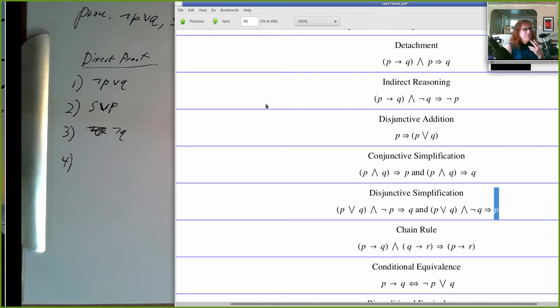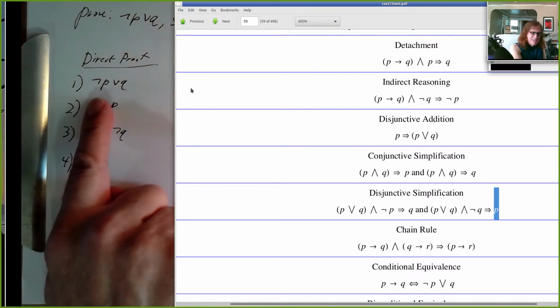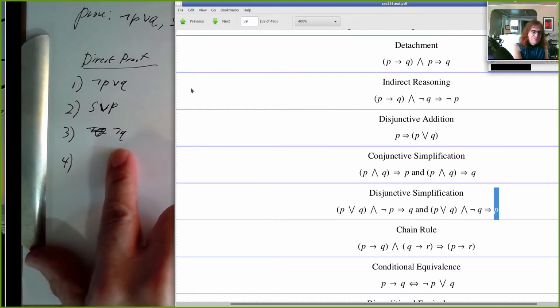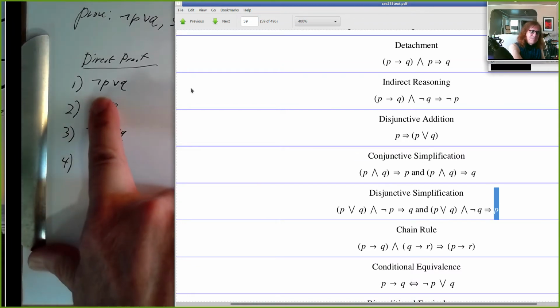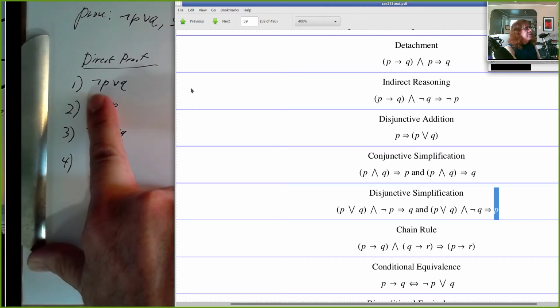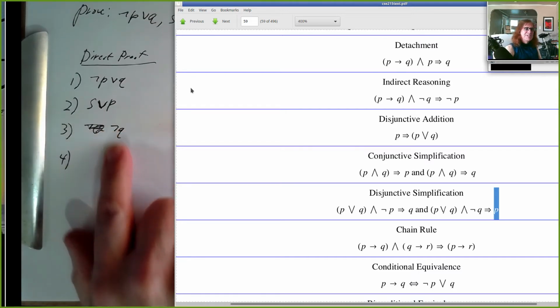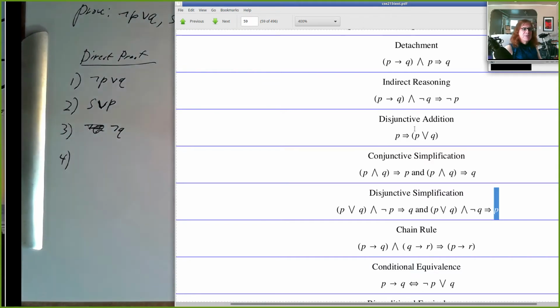So if we look at this statement right here, it says either not P or Q is true, and this says Q is false. So we must be able to conclude not P is true. Someone suggested disjunctive addition on number 2. Disjunctive addition lets us start with a single term and then OR something else with it.